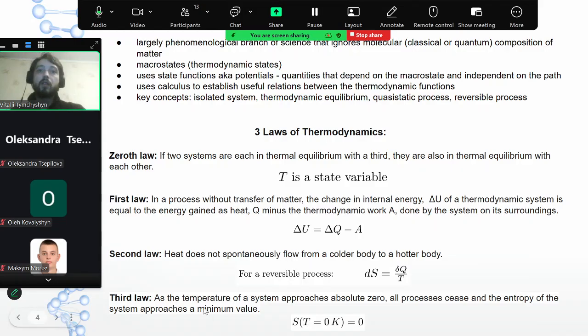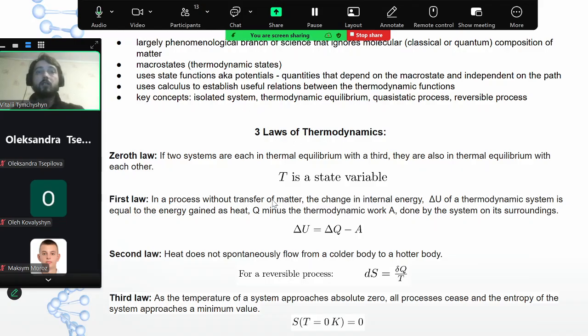And the third law tells you that basically if temperature is 0, I mean absolute 0, so it's not 0 by Celsius but by Kelvin, so it's absolute 0, all processes cease and the entropy of the system approaches a minimal value. And this area has, let's say, certain concepts.